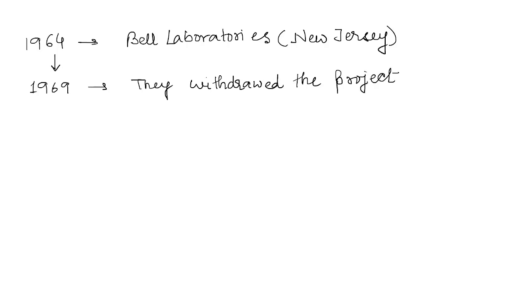After that, Dennis Ritchie and Ken Thompson started working on this project, and they developed something called Unix.